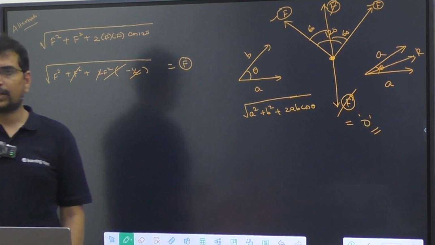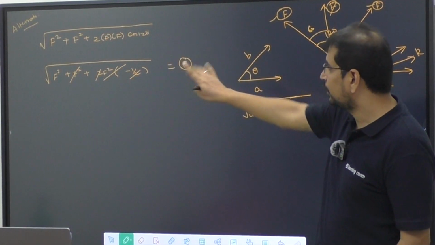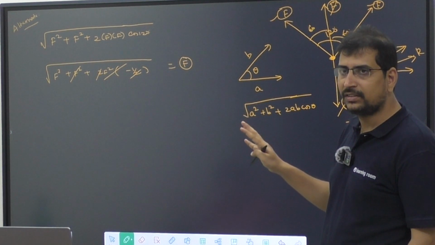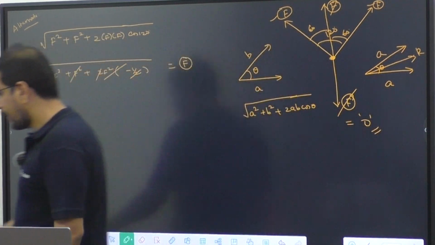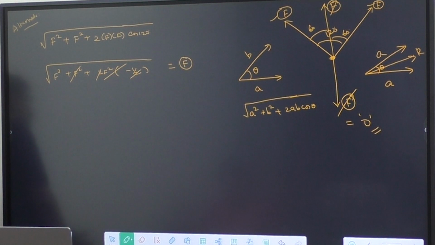So whichever is easy, you can take it. This is just an alternate method. Which one is easy actually? Just this one. But resolution will help you in one of the derivations in this chapter, so at that time you'll understand.